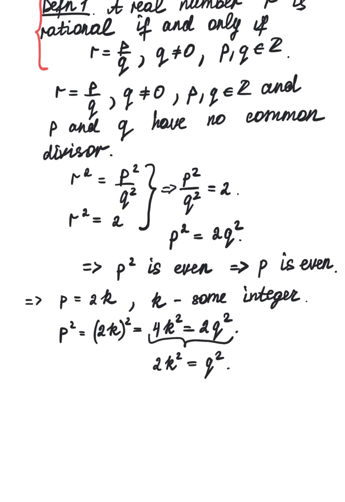Again, let us look at this equation and think. What does it mean? It means that q squared is also an even number. Again, if q is an integer and q squared is even, it means q is even.